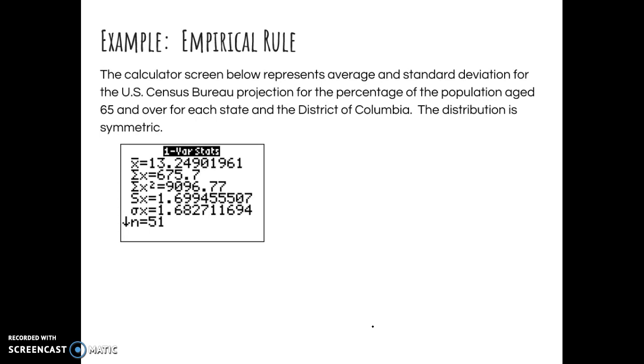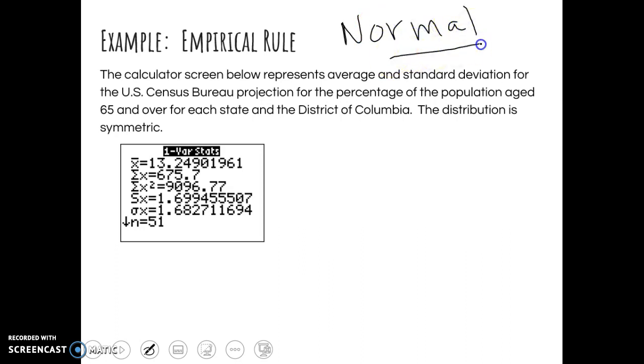If they say it's a bell-shaped curve, we can use the empirical rule. Another word they might use is they might say that it is a normal distribution. We'll concentrate more on that when we get to chapter 6, but you may see it before then. But it represents a symmetrical histogram.